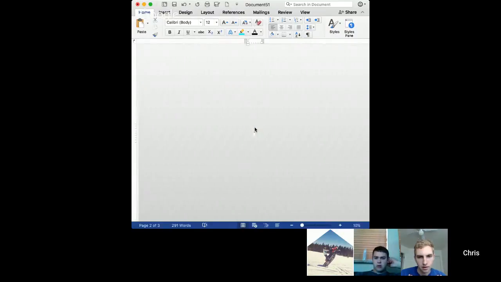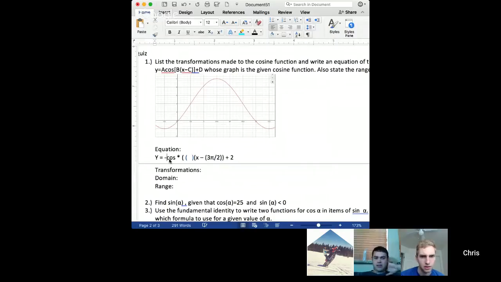It looks like they just moved it to the right a little bit. I don't think it's a -3 though. I think this is the same graph. I just think this isn't a regular cosine. I think it goes through 0, and that's what they're attempting to do.